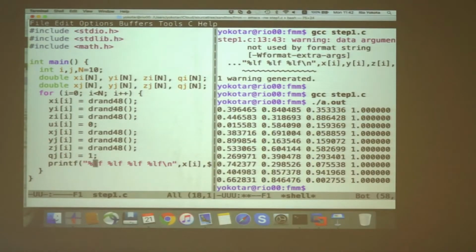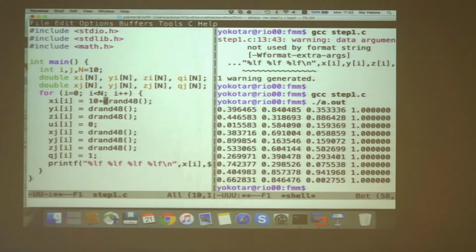Okay, so now everyone should have random x, y, and z for i. But this is not good because i needs to be far away. So I'm going to add some number here. Let's do like 10 or something.